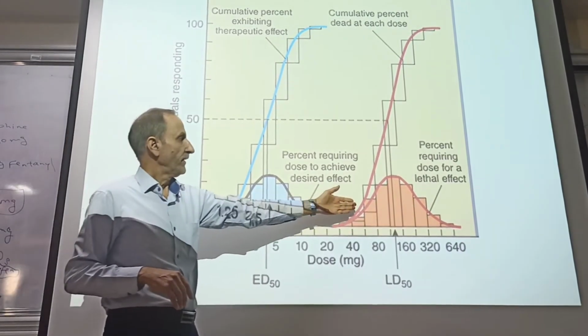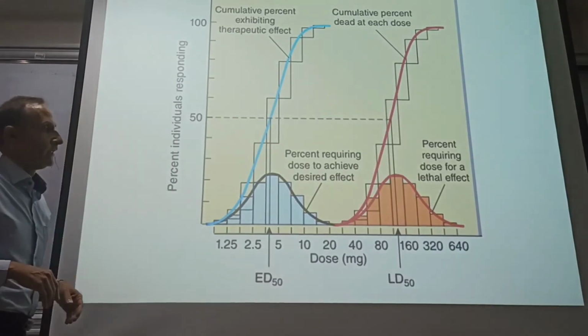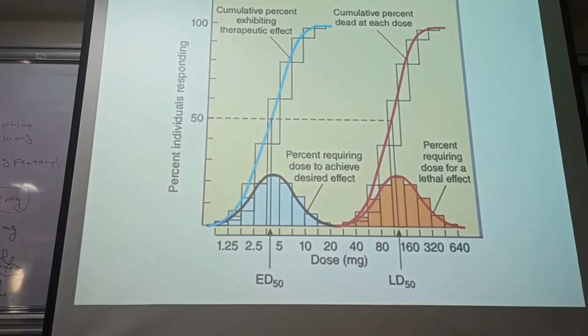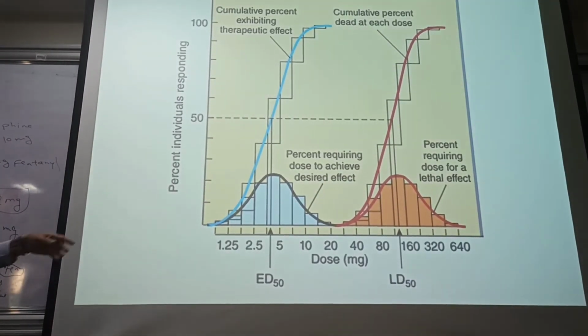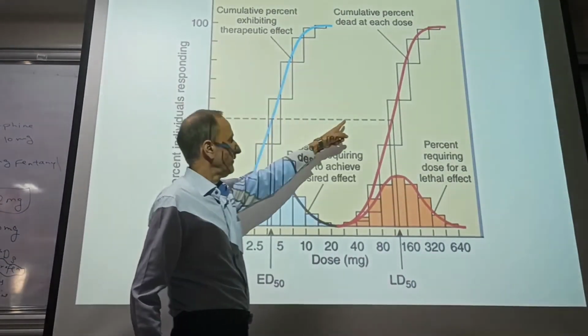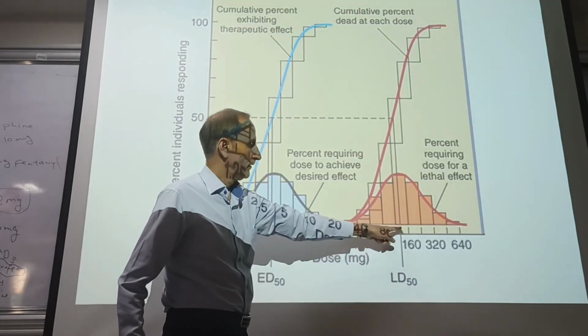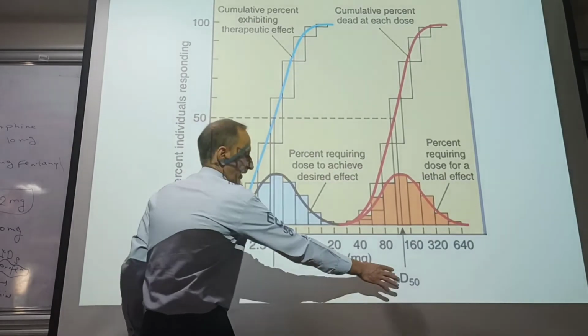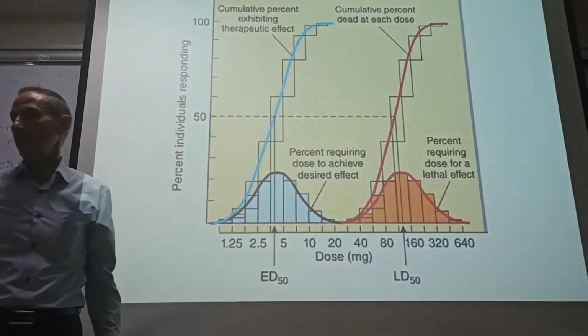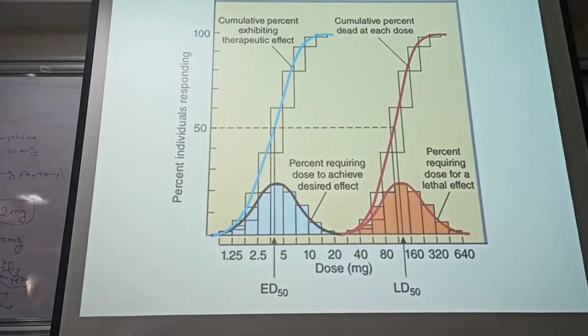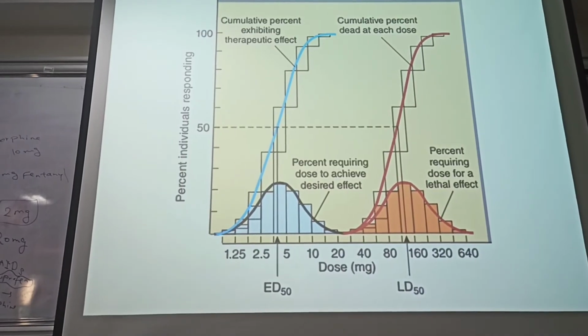Here we have little effect, and here the killing dose. And again, we have LD50. And the ratio of these two is therapeutic index.